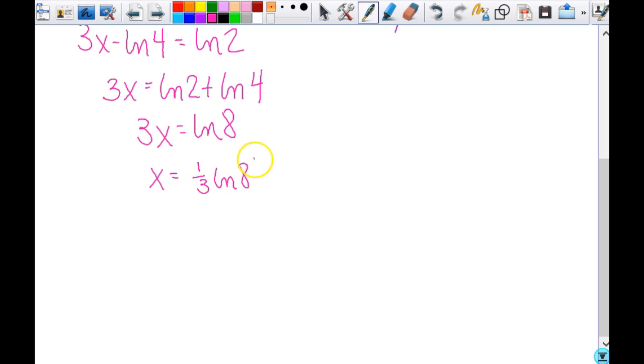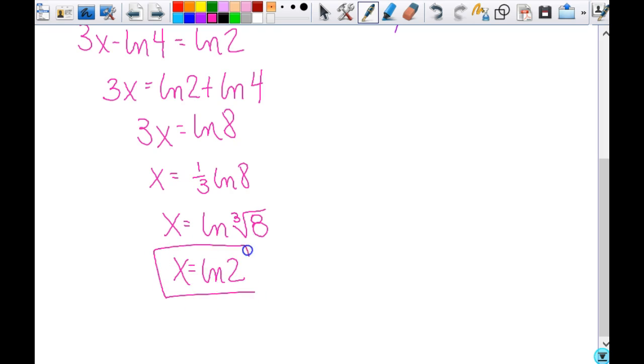It comes up here, it becomes an exponent, right? So x equals the natural log of the cube root of 8, or 8 to the 1/3 power. What's the cube root of 8? 2. So x equals the natural log of 2. Everybody okay with that?